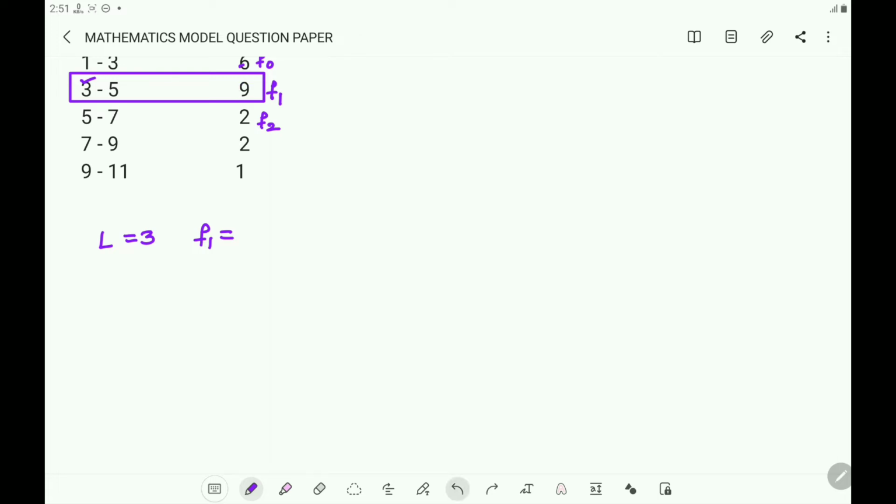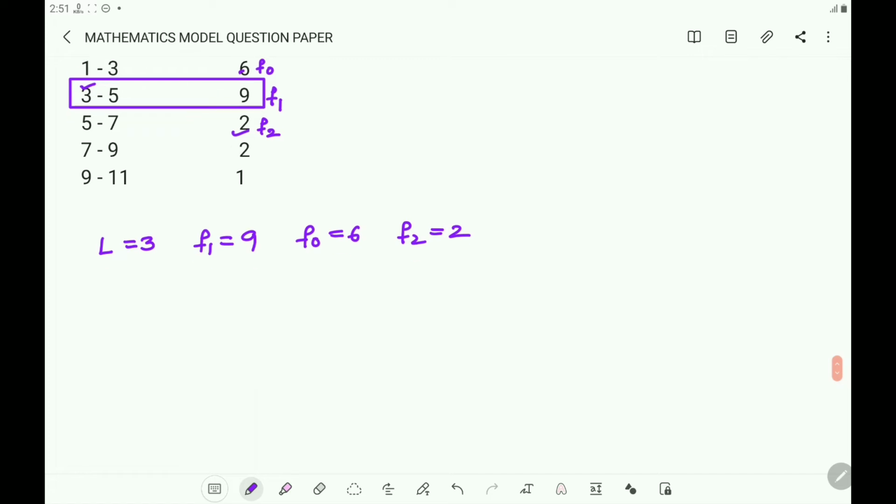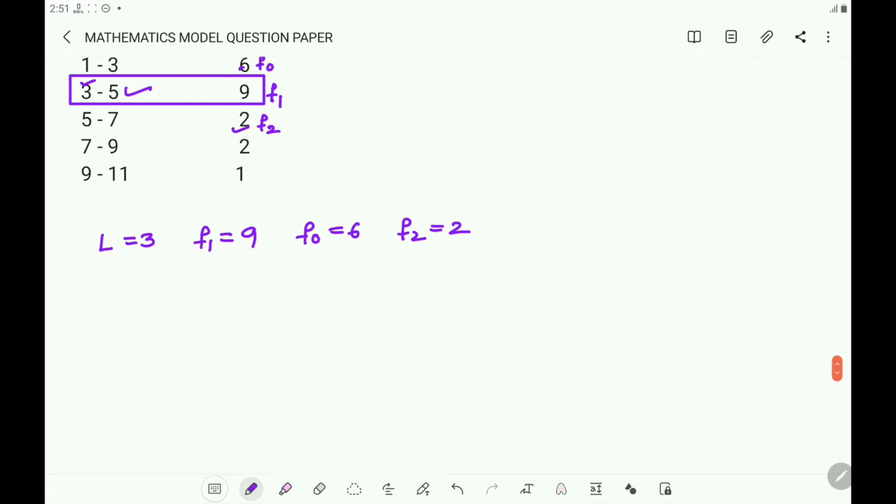F1 is 9. Then F0, that is the previous frequency of the modal class, 6. And also you write F2, that is the frequency of the class after the modal class. F2 is 2. Then also you need the size of the class, that is H. H equals upper limit minus lower limit, that is 5 minus 3. 5 minus 3 is 2.